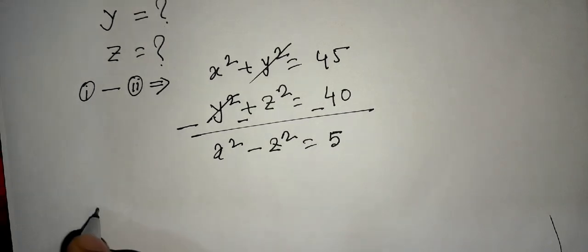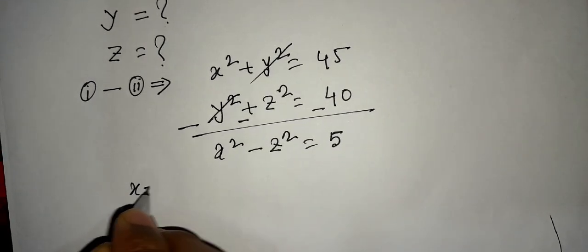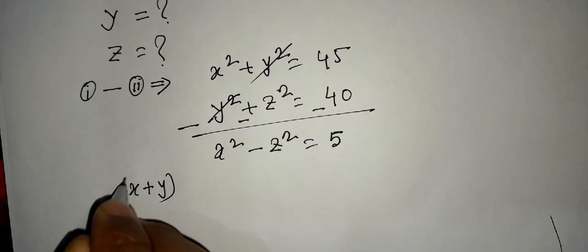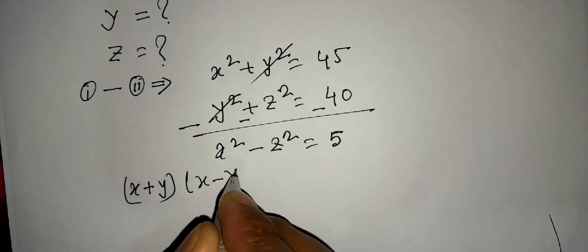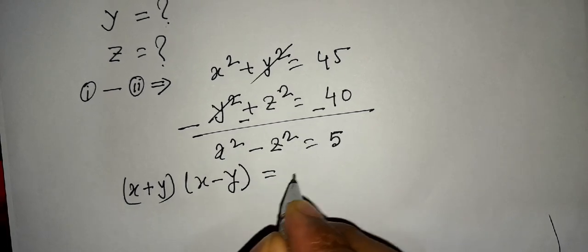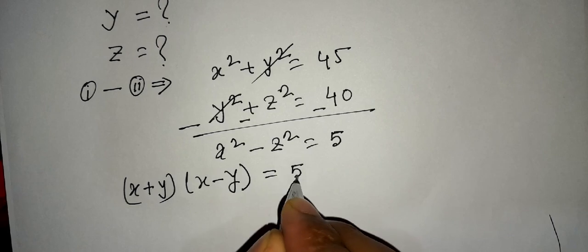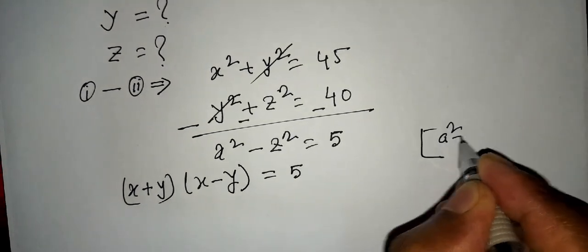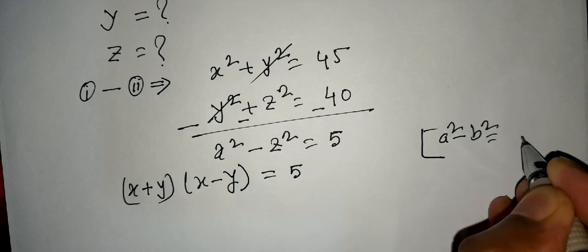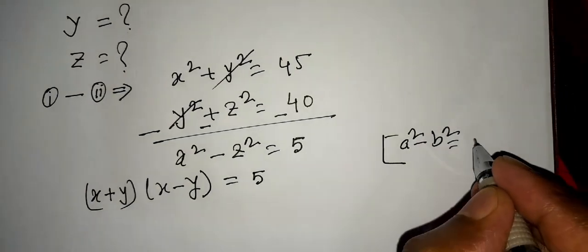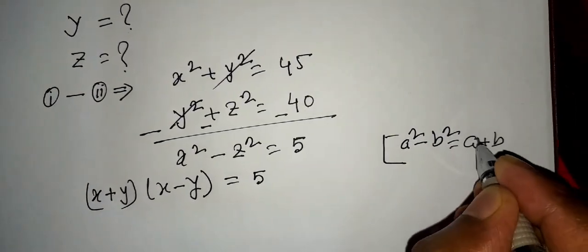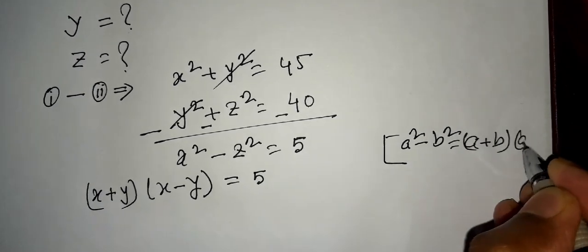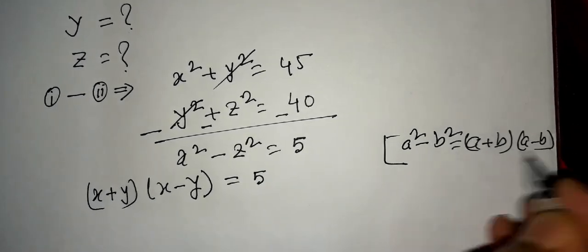Now we can write x plus z and x minus z equal to 5. Here we use the formula a square minus b square is equal to a plus b into a minus b.